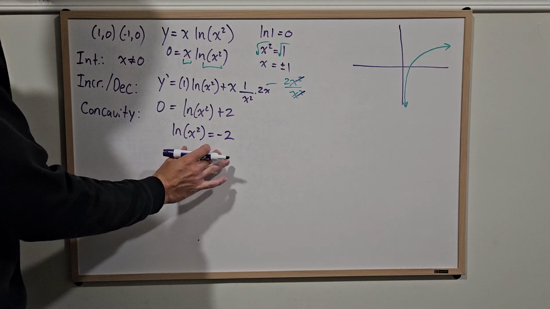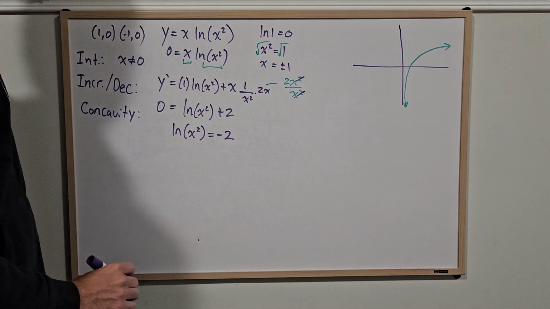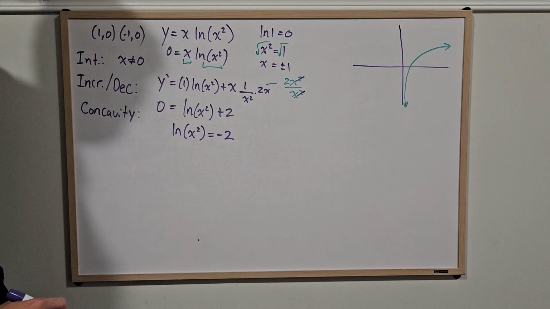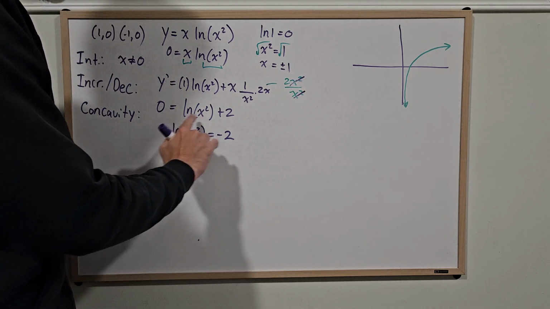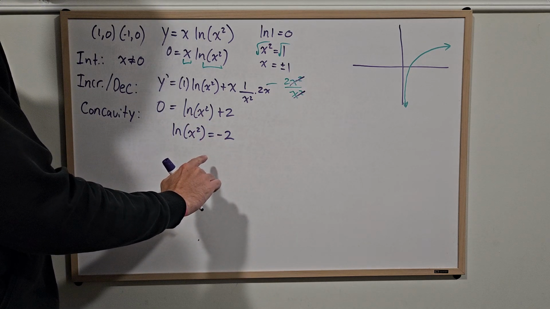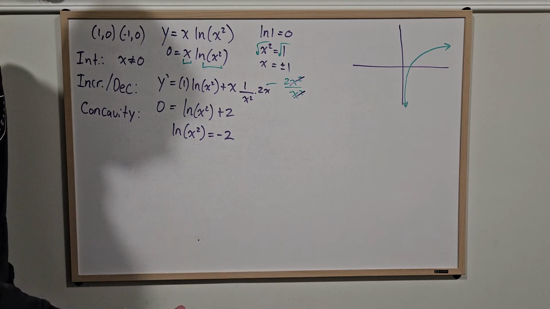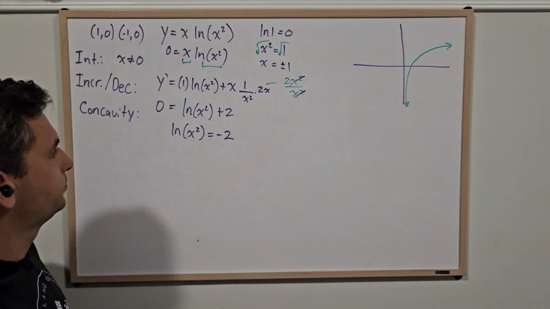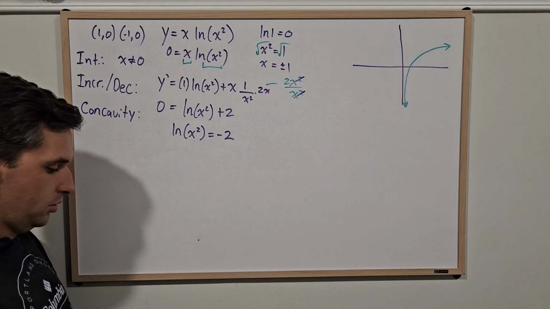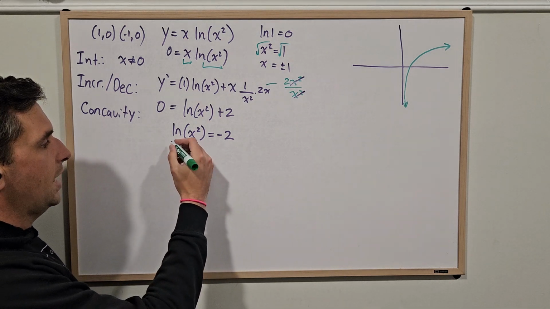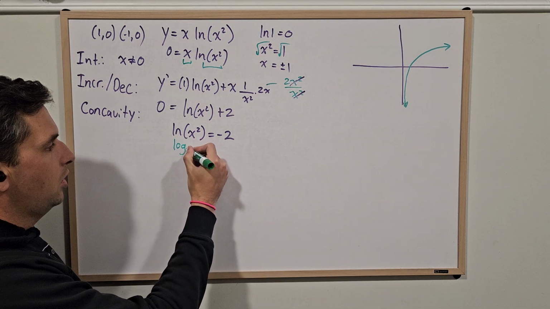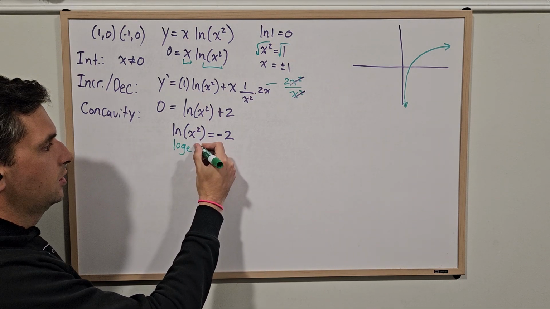Now, when we do this, if we remember our rules of logarithms, we can change this form into an exponent, okay? Because ln, or natural log here, is actually log base e, right?